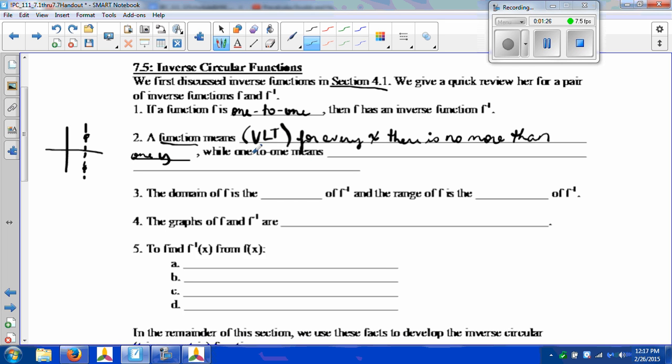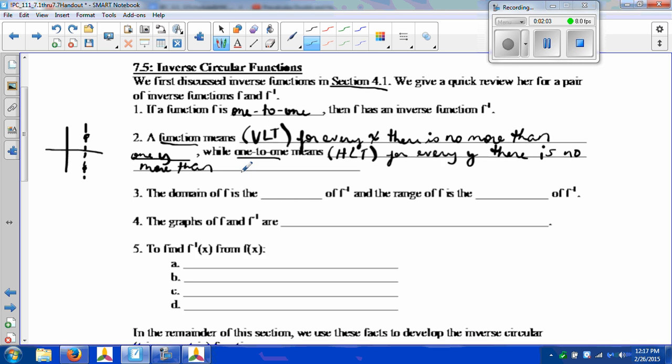Okay, so if you just invert that, or interchange that, then 1-to-1 must be the horizontal line test. Or for every y, there is no more than one x. So there doesn't have to be an x value to give you every y value, but if there is one, there aren't two.